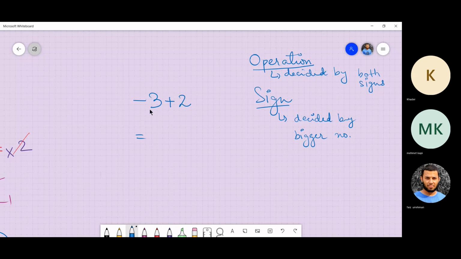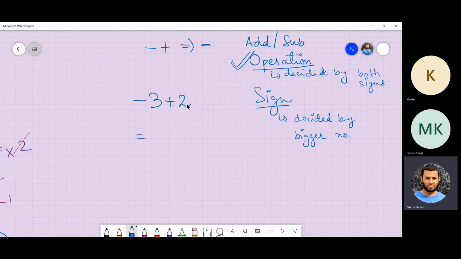What operation will we do? If you merge minus and plus, you get minus, that means subtraction. What is 3 minus 2? 1. Now what will be the sign? The sign is decided by the bigger number. Which is bigger? 3. So what is the sign of 3? Negative. So the answer will be -1.